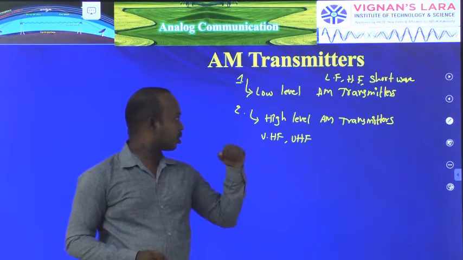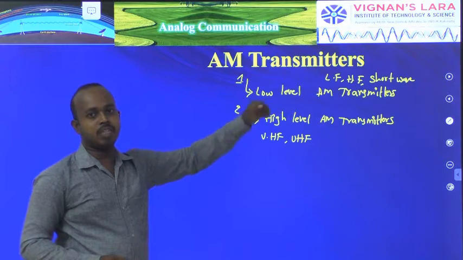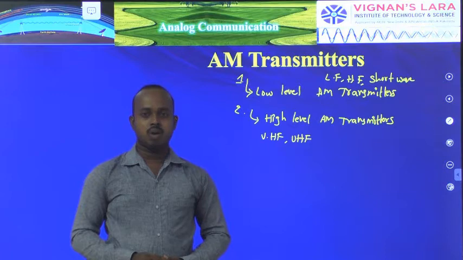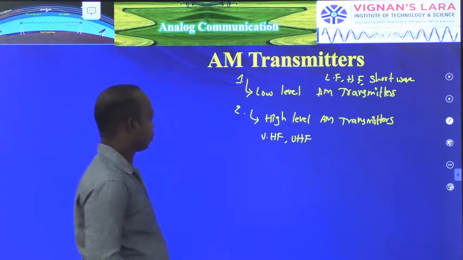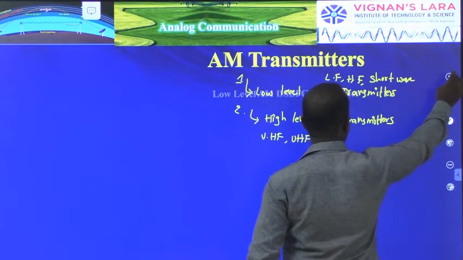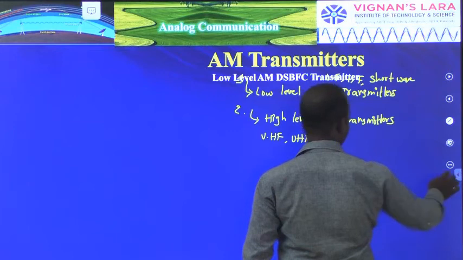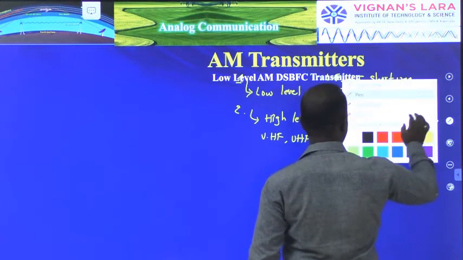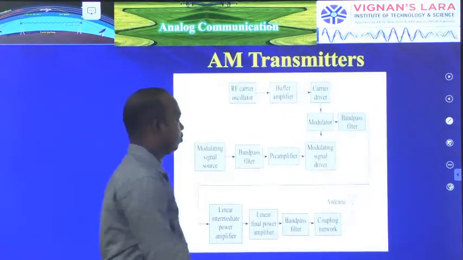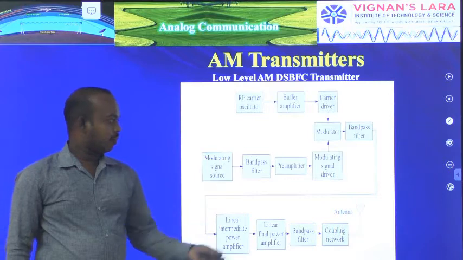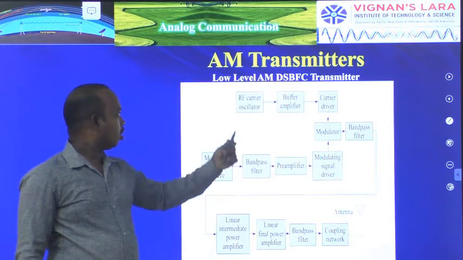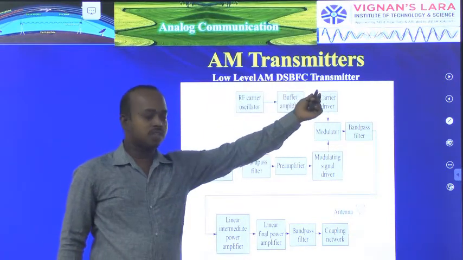Now we will discuss the low level AM transmitters. What are the building blocks in a low level AM transmitter? This is the fundamental block diagram of a low level AM transmitter, otherwise called a low level AM DSB-FC transmitter.